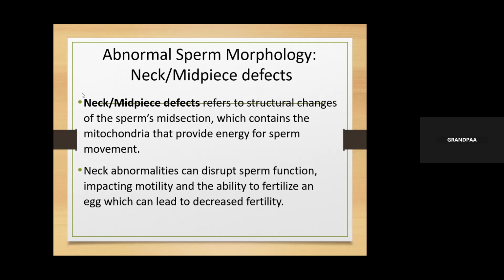For a normal sperm, you have the head, you have the neck, and then the midpiece. Normally, people think that we combine the neck and the midpiece, but technically, if you go into it, there's a slight difference between the neck and the midpiece. As we move along, I'll try to expatiate on that.